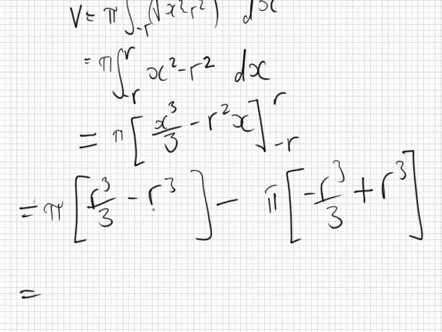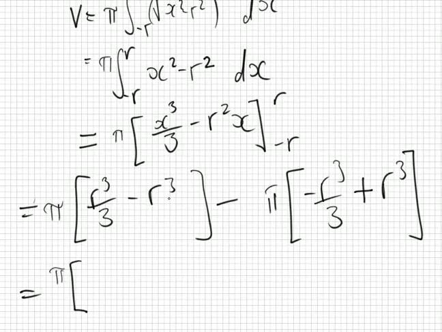So what will happen is this one will end up cancelling with this one. Wait, hang on, I'm missing a number somewhere, sorry. Oh, they don't cancel, sorry. So r cubed over 3 minus r cubed.